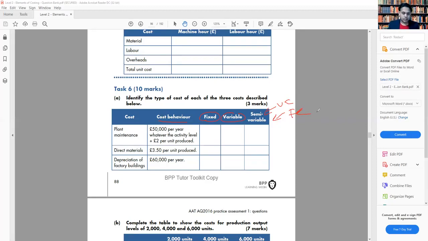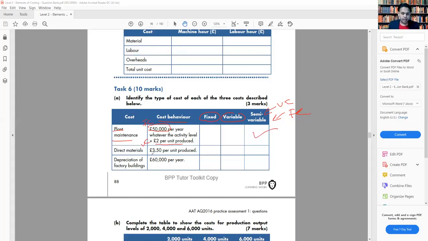Okay, so plant maintenance, they said 50,000 per year, whatever the activity. So that means if I don't make anything, 50,000 is still a cost, so it's a fixed cost. And plus £2 per unit, so that's variable. So we have both fixed and variable. When we have both fixed and variable, we call it semi-variable cost.